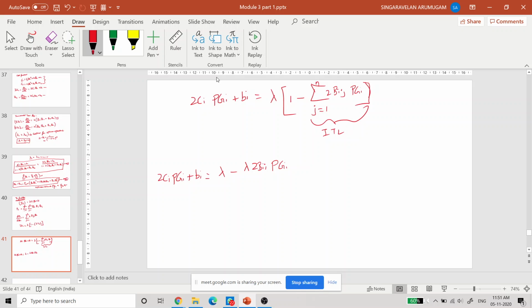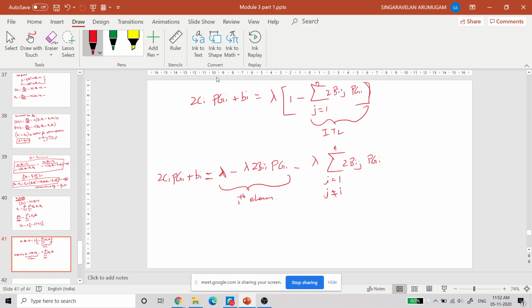The left out is minus lambda summation of j equal to 1 and j definitely not equal to i, going up to n, of 2Bij PGj. I will get this as the remaining. So this is lambda minus, I removed all the ith element from this summation. So the left out is given here.